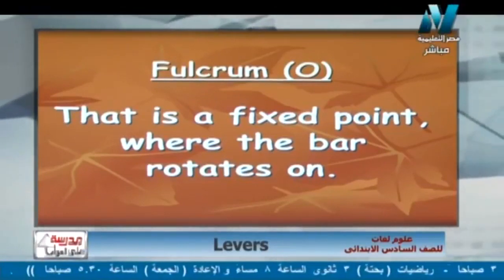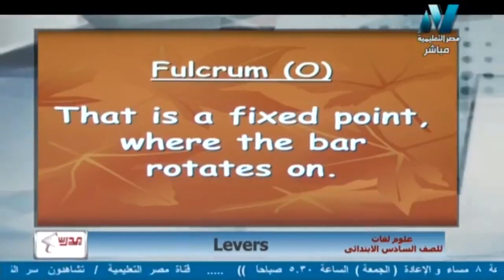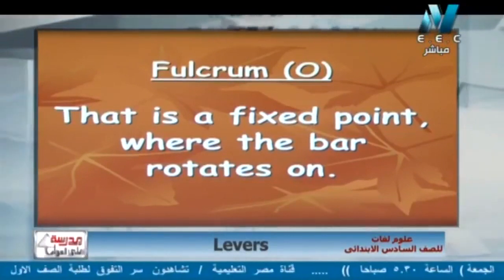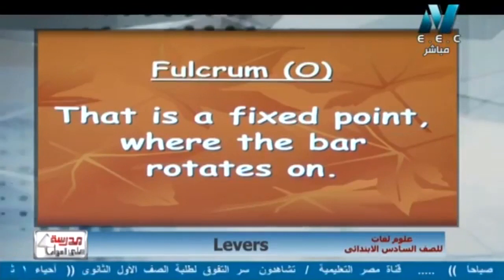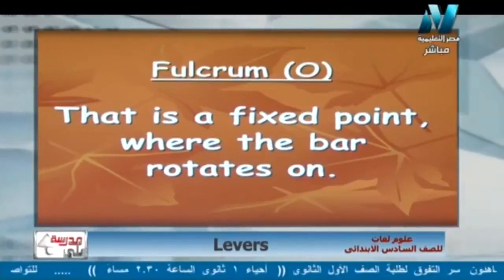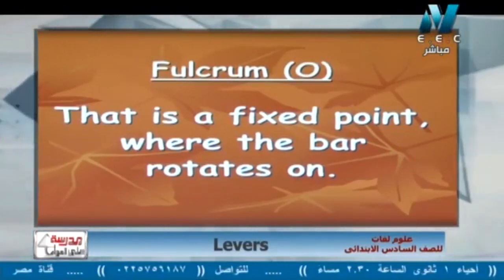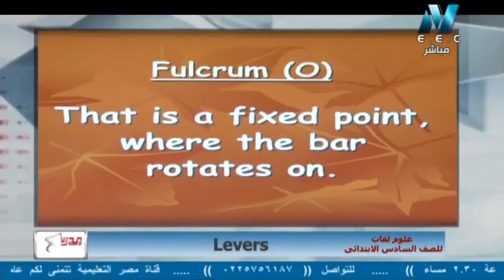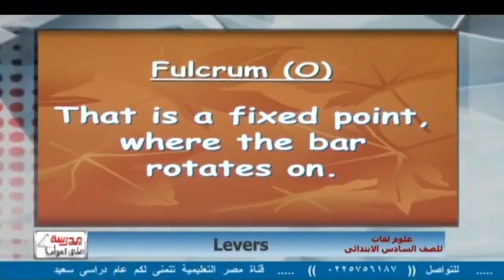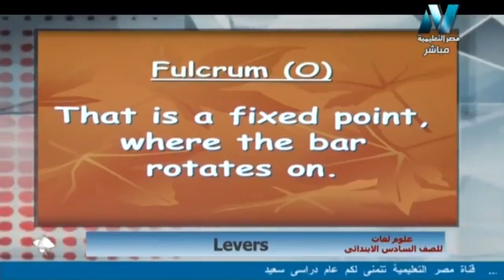Fulcrum is a fixed point where the bar rotates on. I can say another definition for the fulcrum. ممكن اقول fulcrum is a fixed point where all the lever rotates on, or it's a fixed point where all the lever is affected by this point. I can make a definition by my own mind. ممكن اكتب definition من تفكيري او من فهمي انا الشخصي للموضوع.